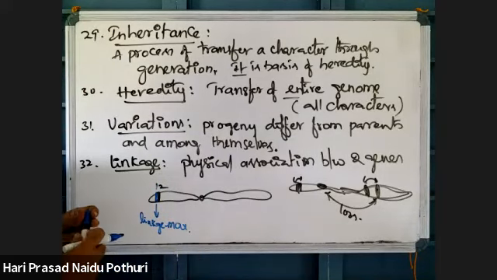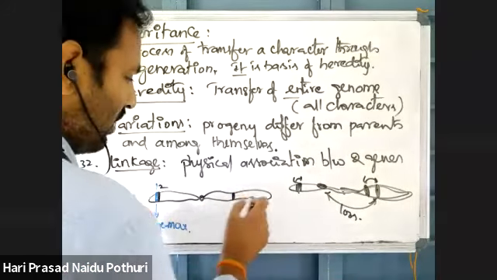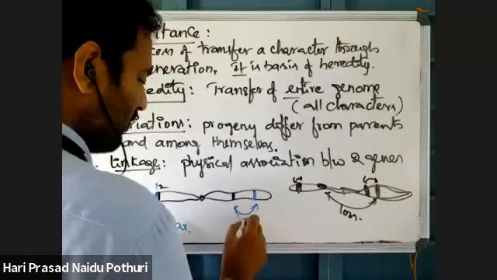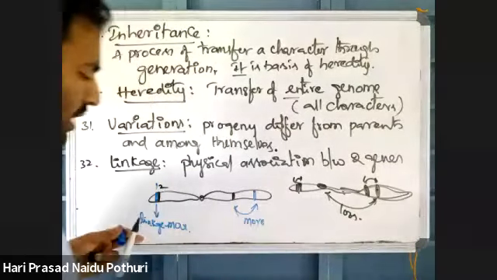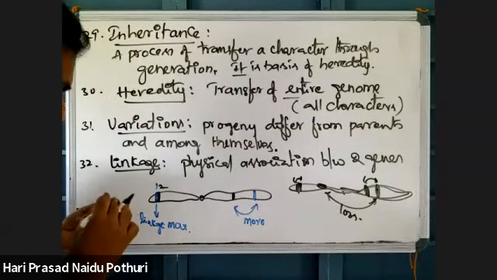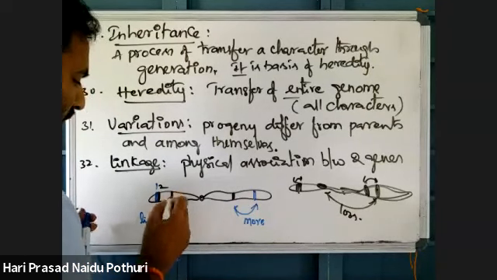Suppose here is one gene and another gene; somewhat more linkage is there, but it is maximum linkage here. Otherwise, the distance between genes is far away.